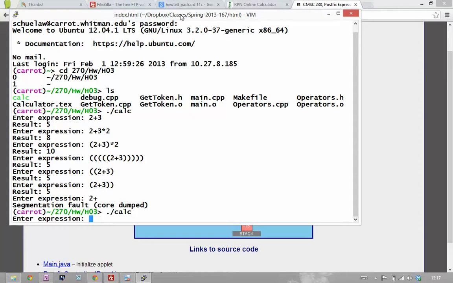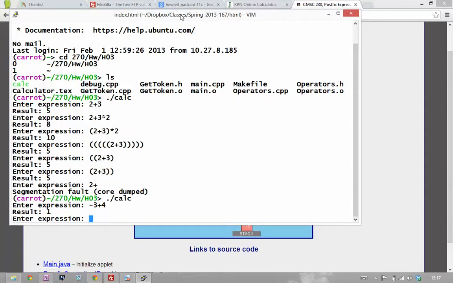There's another one that I want to try. So -3 plus 4. Okay, good. That one works. Yeah, I wrote this piece of code 5 years ago, and then I was just looking at it this morning and didn't do much to it.